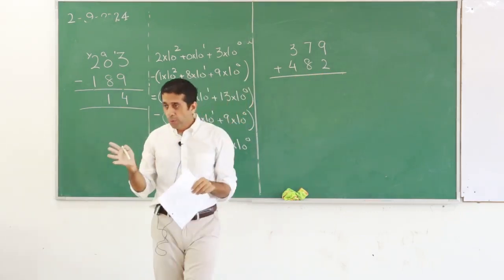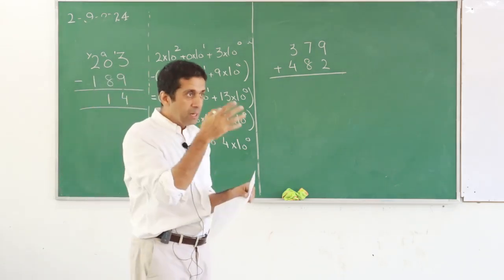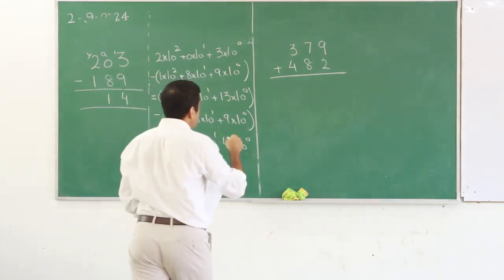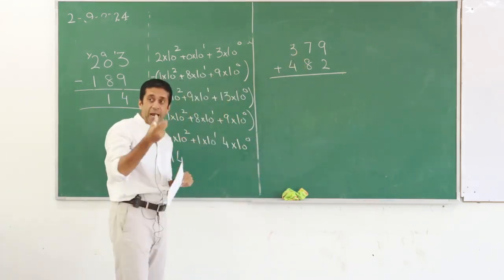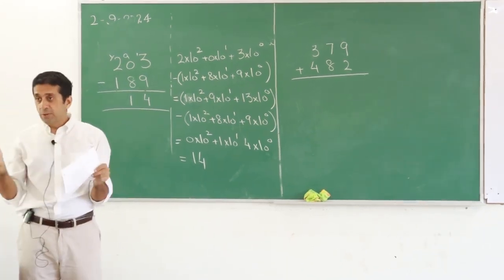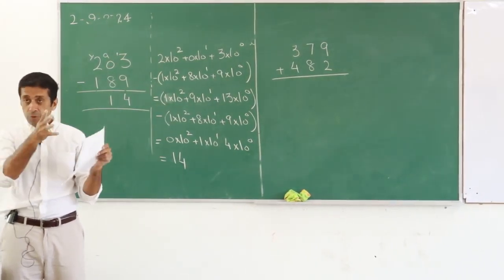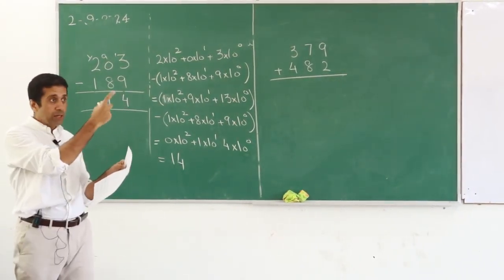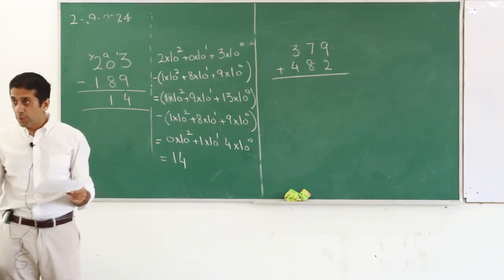And then 11 ones, we convert it into 1 one and 1 ten, and we take a 10 and save it away. Then we add the tens, it's 7 tens plus 8 tens, which is 15 tens. To 15 tens we add a 10 to get 16 tens. We separate out the 16 tens into 6 tens and 10 tens. The 10 tens becomes 100, and then you take 100 and you add it to 300s and 400s to get 800s, and that's the answer, right? That's one way to do it.